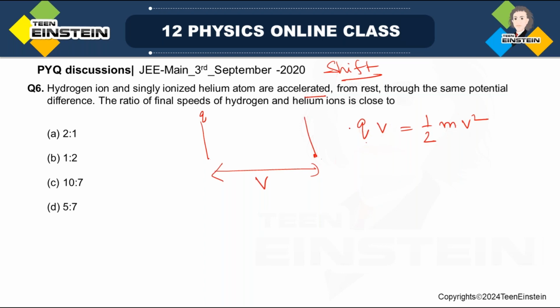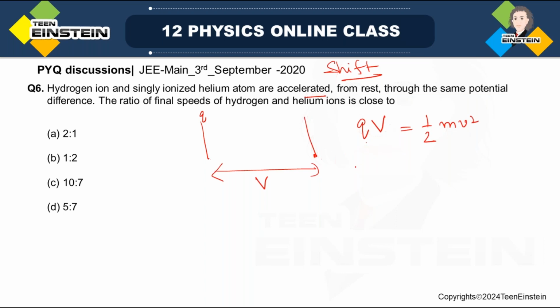So this V and this v are not the same. I'll write this V as capital V and this v as small v. This is the speed. So q into the potential difference equals half m v square.